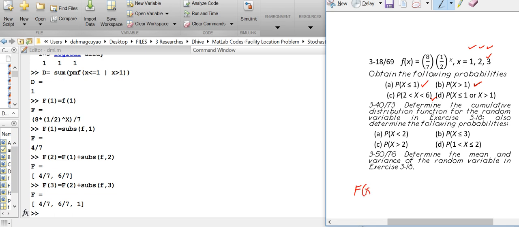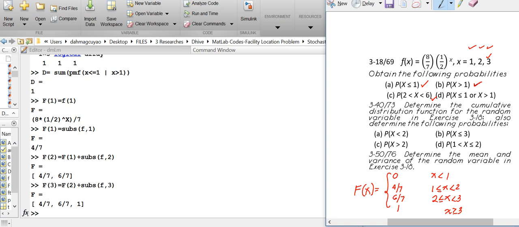So, f of x is equal to 0 when x is less than 1. It would be 4 over 7 when x is greater than or equal to 1 but less than 2. It would be 6 over 7 when x is greater than or equal to 2 but less than 3. And it is 1 when x is greater than or equal to 3.